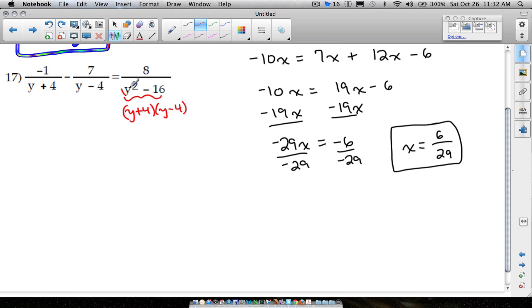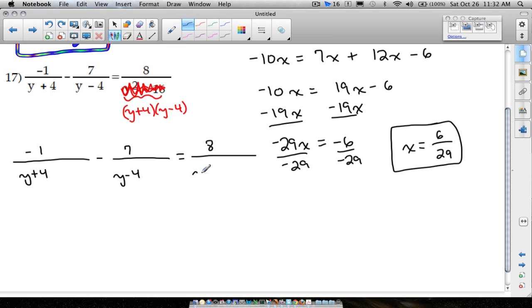Because we factored this, I've crossed out that piece. So here's how we can find our common denominators right off the bat. We got a negative 1 over y plus 4 minus 7 over y minus 4, and then we have an 8 over y plus 4, y minus 4.